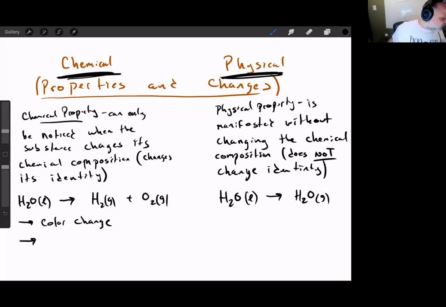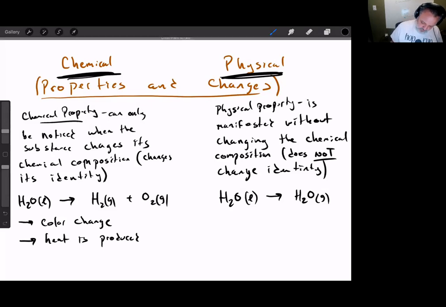That'll give you some idea that you get a chemical change. What else can we do? Let's see. Heat is produced or consumed.